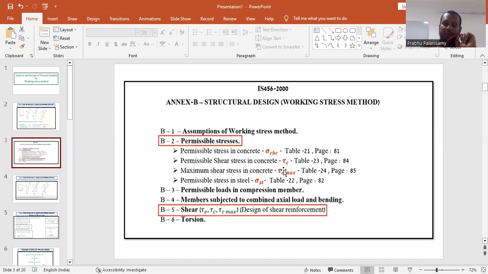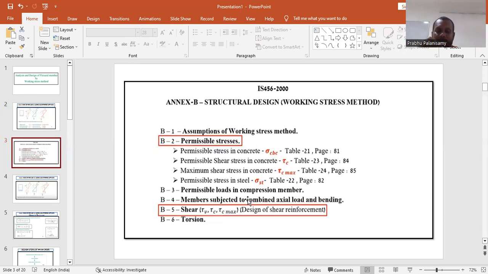The permissible shear stress in concrete, tau c, is in Table 23, page number 84, and the maximum shear stress in concrete, tau c max, is in Table 24, page number 85. The permissible stresses in steel, sigma ST, are in Table 22, page number 82.